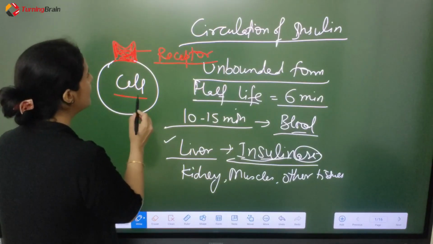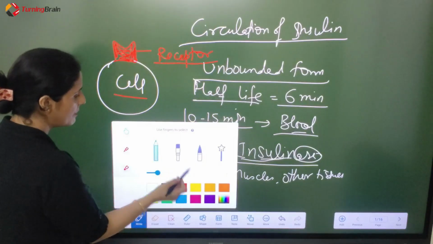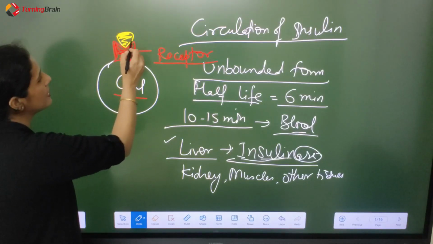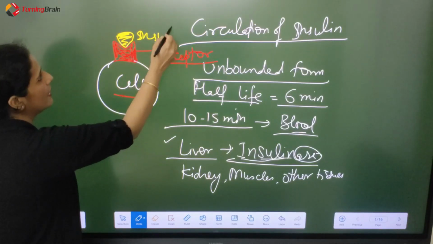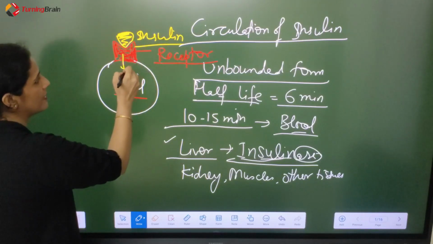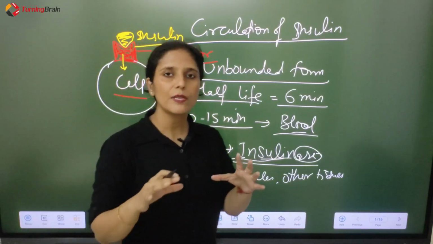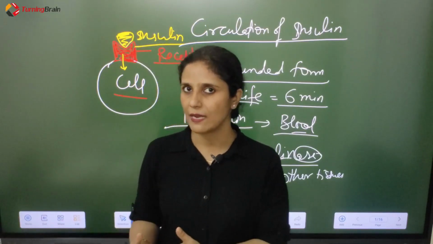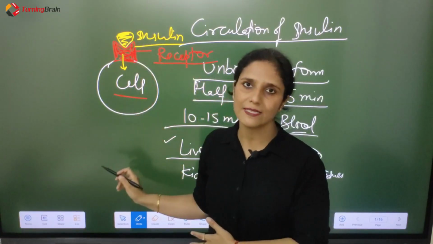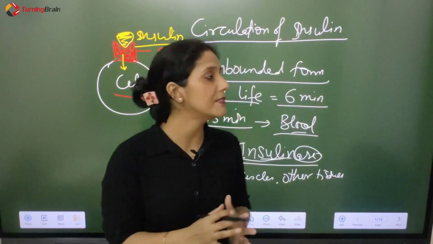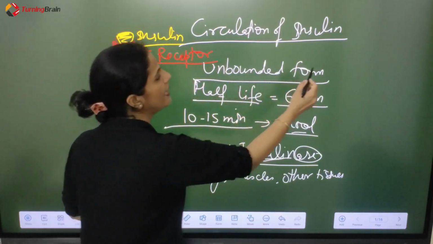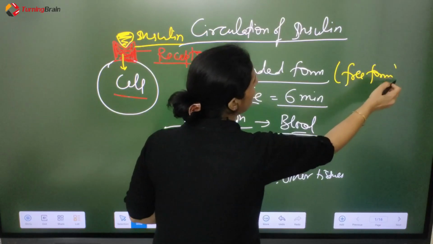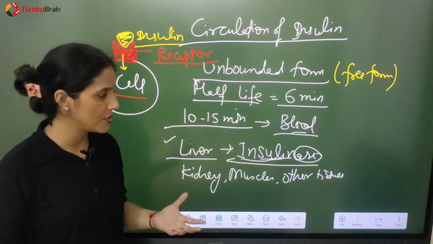Suppose insulin is attached here. Once it attaches, it will take some time to act in the cell, as there may be different cellular mechanisms for how it works. But in the free, unbound form, it will not remain for a long time in the circulation.